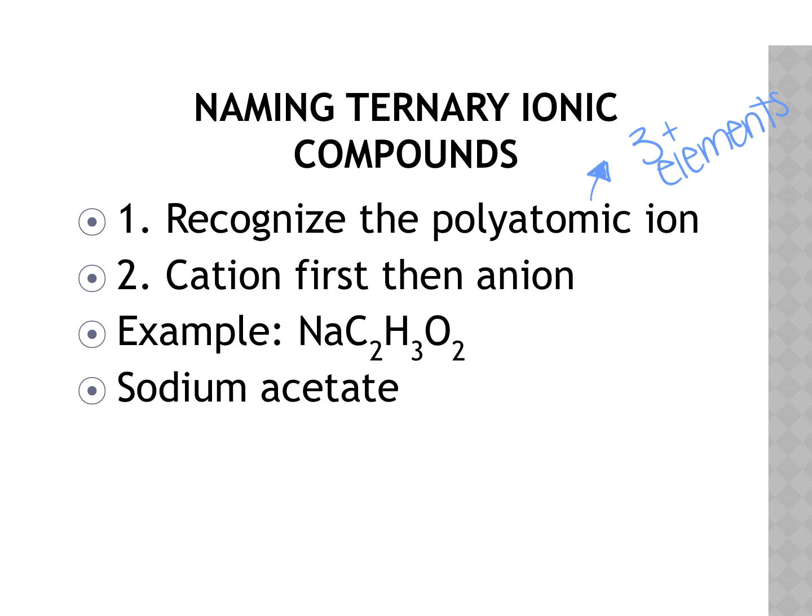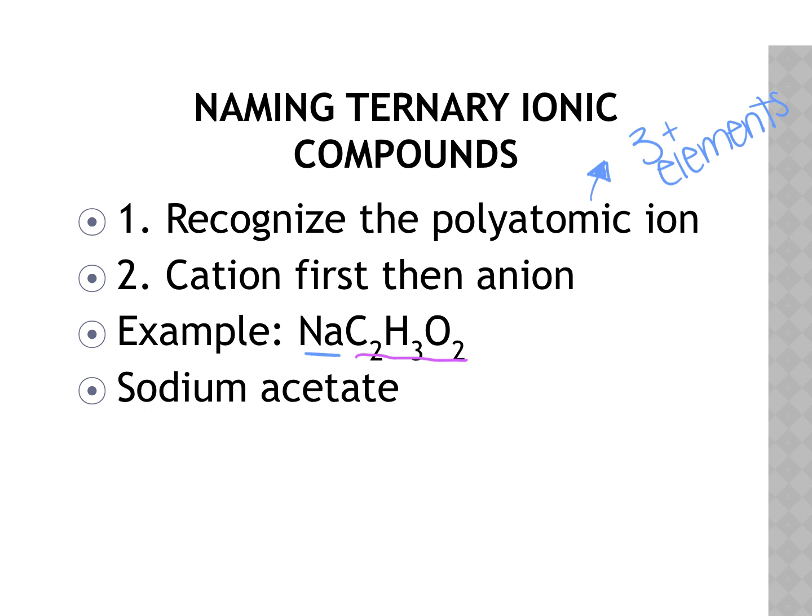And it does take a little bit of practice, but which one of these looks like the single element? Good. So Na is your single element. So then that means that C2H3O2, that's 1 unit. Okay, does that make sense? Even though it's more elements, it's still just going to break off into 2 parts. So a cation and an anion.